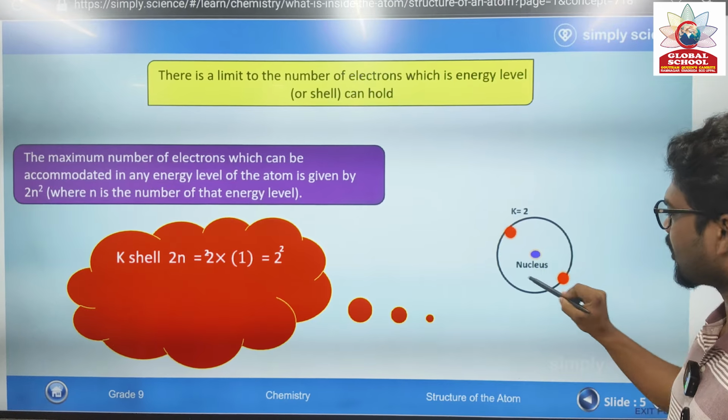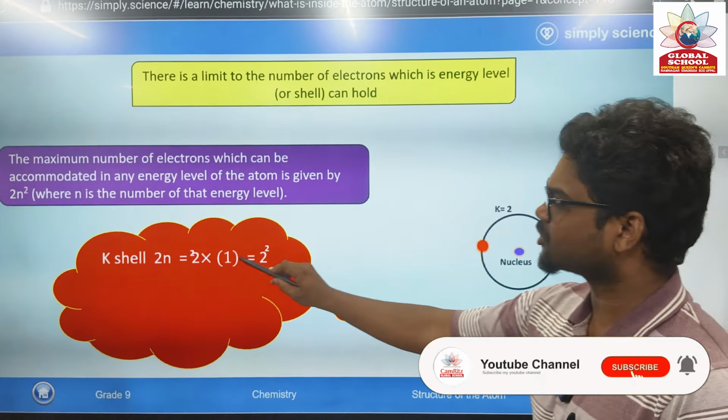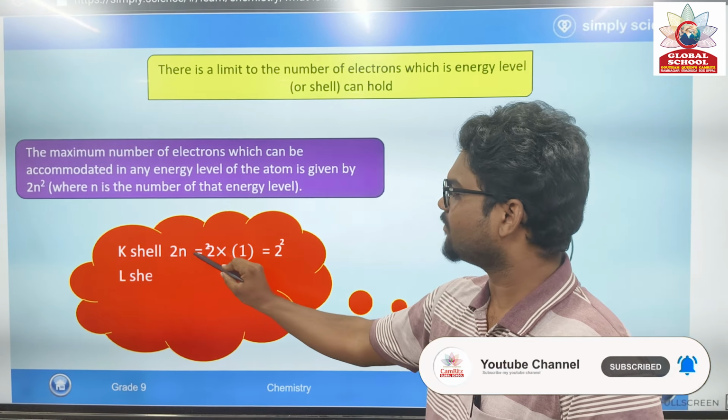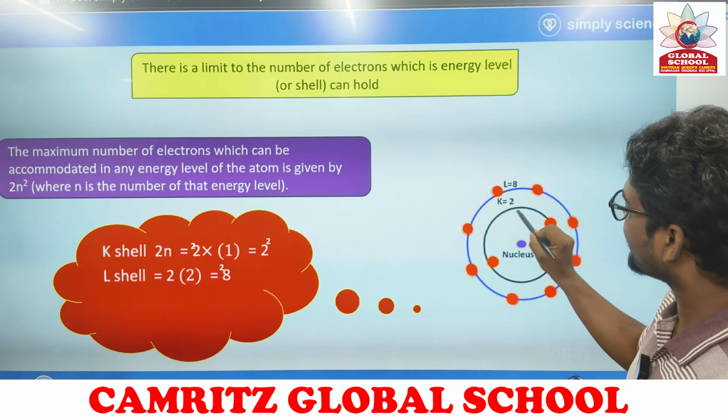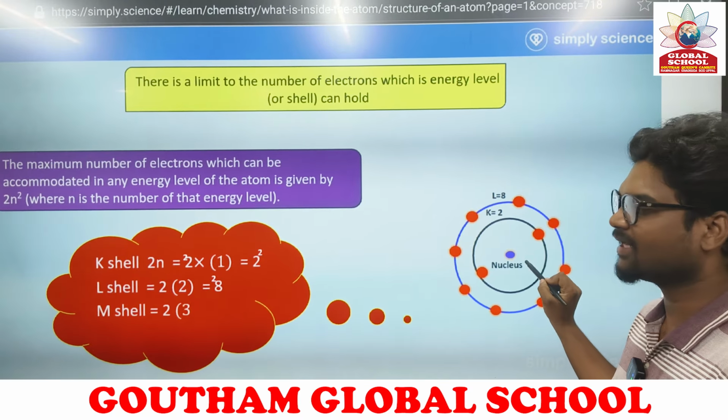In the first orbit, if we substitute in 2n square, n is 1, so only 2 electrons will revolve in the first orbit, the K orbit.